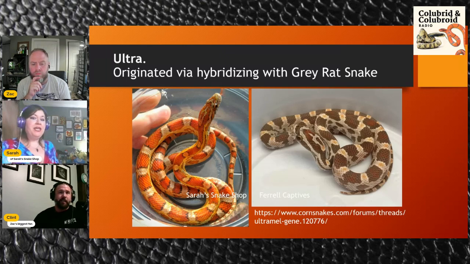Well, it's a mutation. It is not white oak specifically brought into corn snakes, but because they bred a white oak rat with a corn, they got this hybrid.